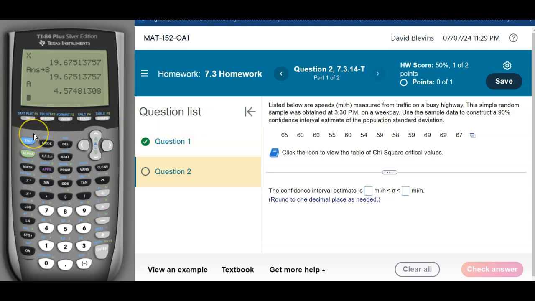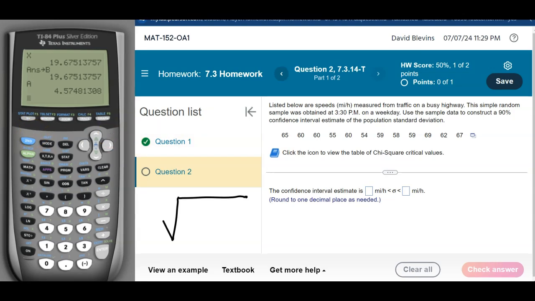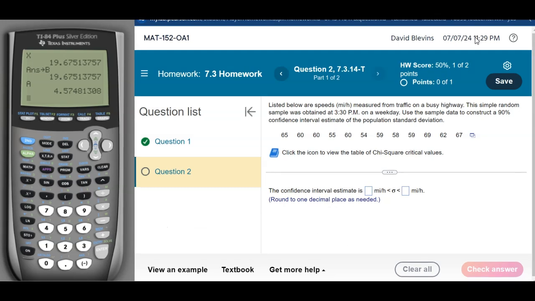Alright, so what I do here, this is where the square root of my degrees of freedom times s squared over these two values. So the first one, again, I'm going to divide by the bigger number first. So I'm going to divide by B first, and then in the second box, it's going to be the degrees of freedom times the s squared over A. Alright, so here's how I'm going to do it.